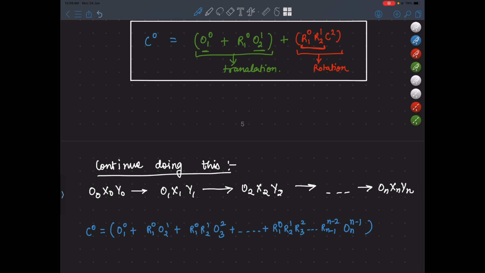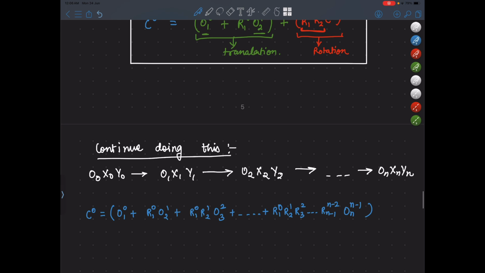All right, this is the translation part.